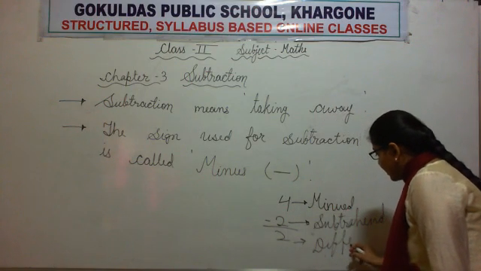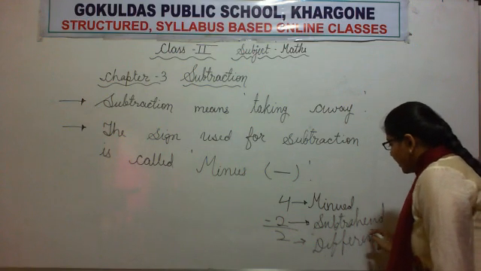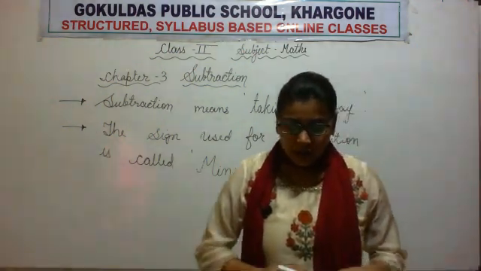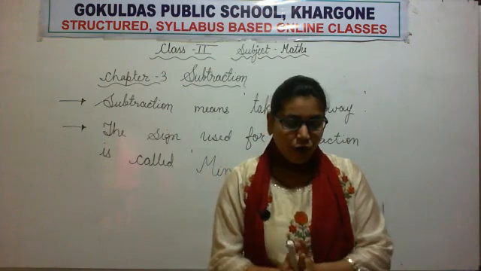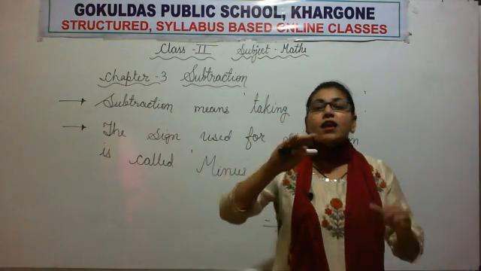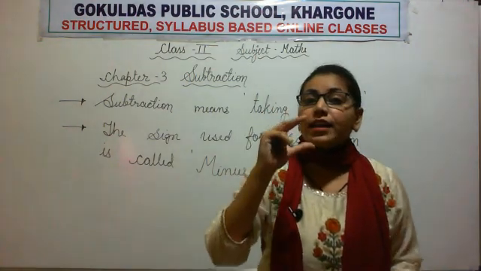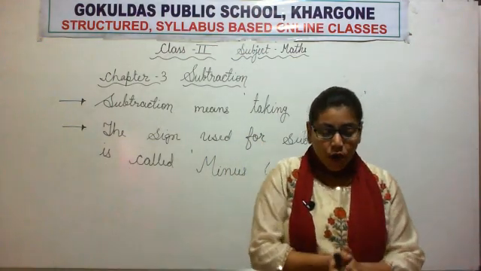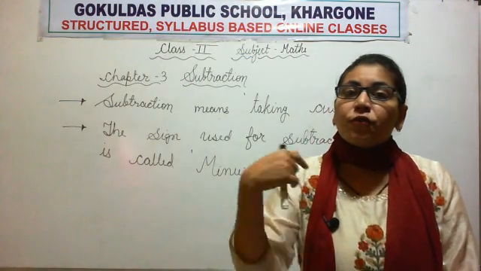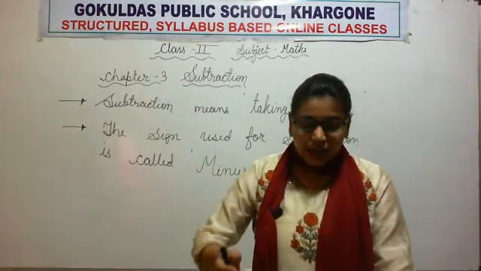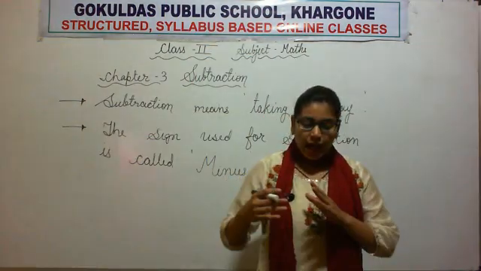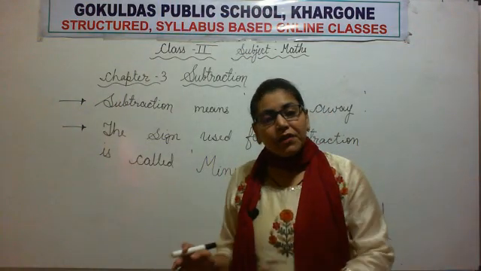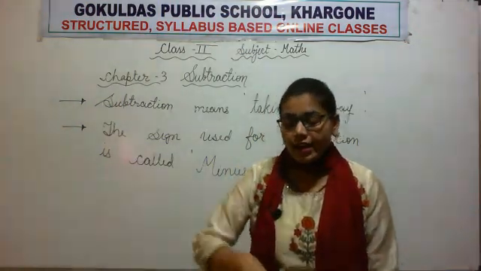So the bigger number from which we are subtracting is called minuend, the smaller number which is subtracted from the minuend is called subtrahend, and the answer, the result, whatever we get, we will call difference.